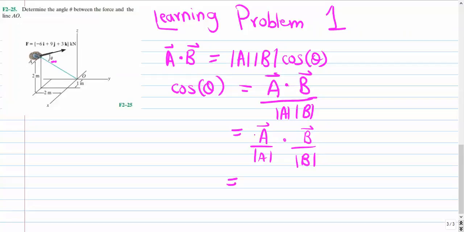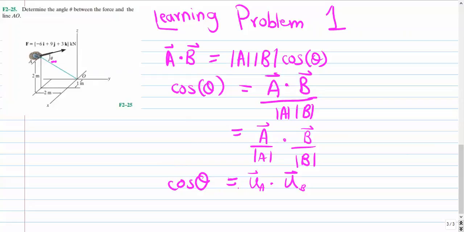And now we come to see that these are just the unit vectors in the direction of the A vector and the B vector. So we can write these as the unit vector A dot product with the unit vector B, and this is all equal to cos of theta.